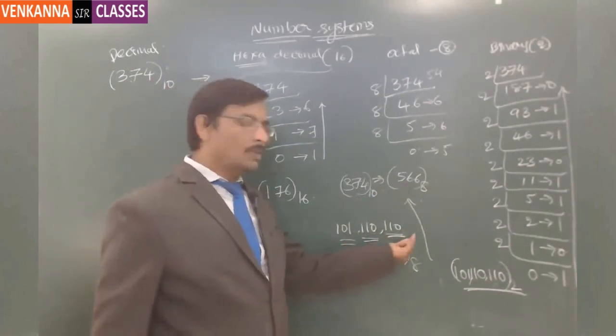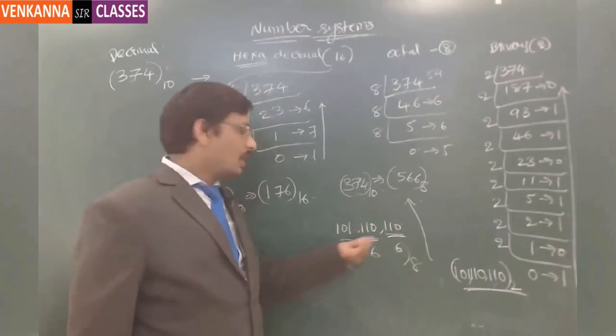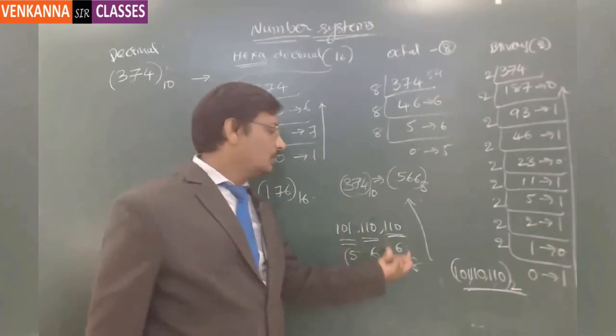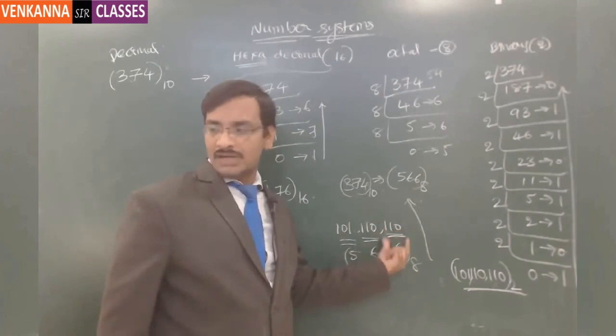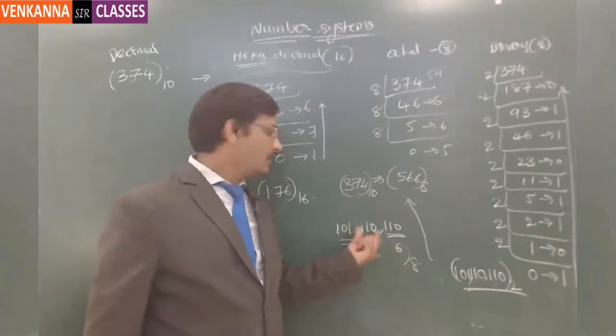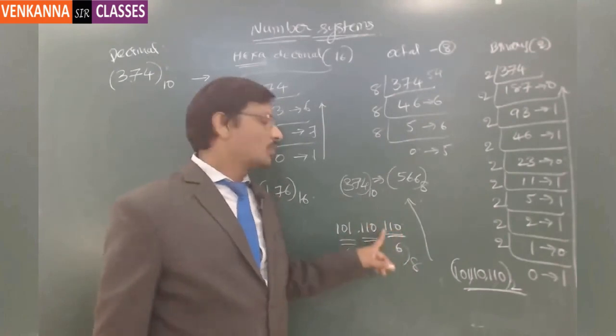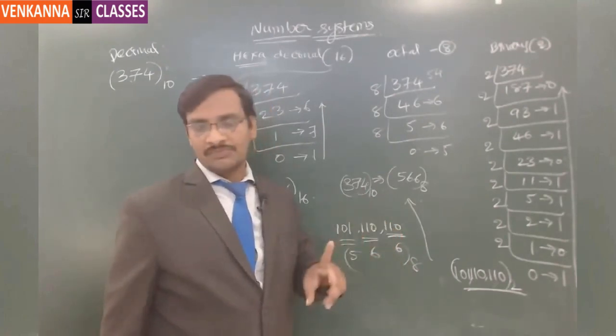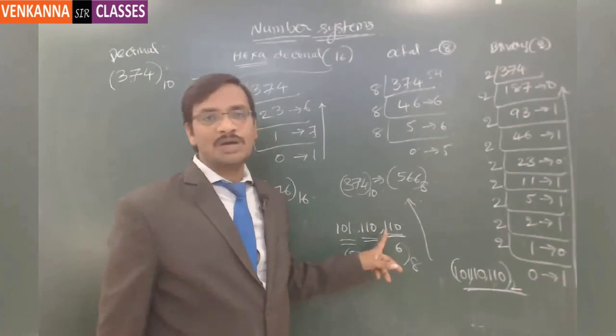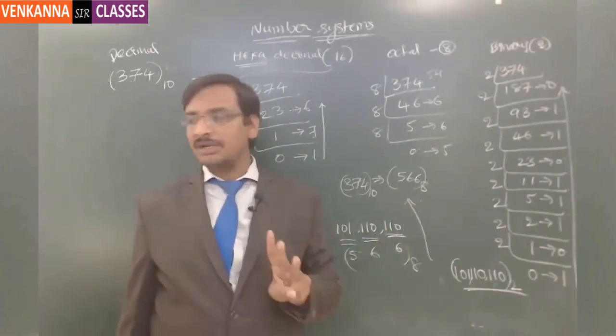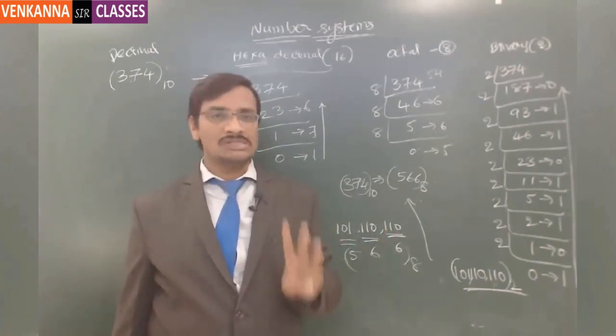Here we put a comma from right to left after every 3 digits, and then write the equivalent of that number. If you put a comma after 3 digits, you are going to get a maximum of 7, because the highest possible number with 3 digits of binary is 111, which is equivalent to 7.